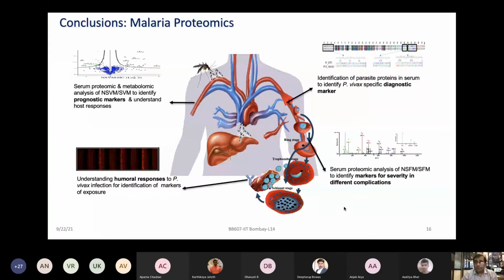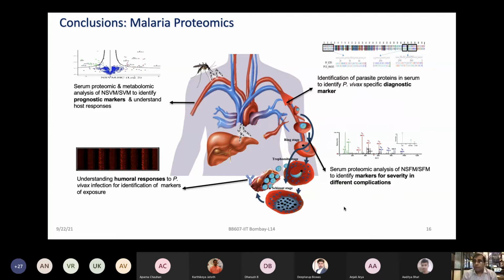So overall, looking at just one problem which I tried to illustrate today, malaria, and investigating it with proteomics, you can see these proteomic technologies are so powerful that when we started investigating malaria in Indian patients, there was not much work done in that space and not much knowledge available.